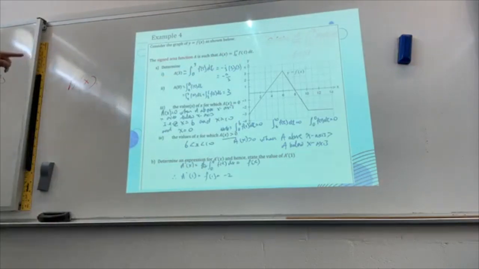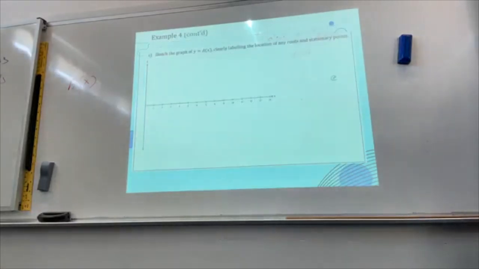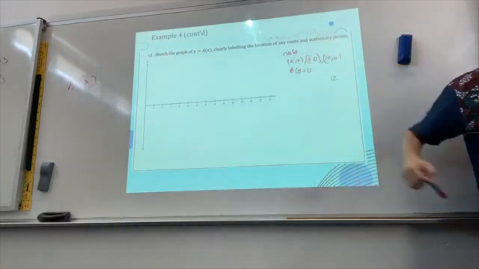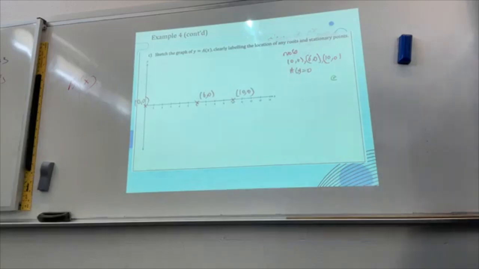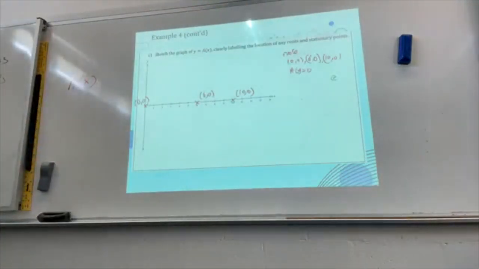Agree? All agree? So f(x) there is the gradient function of the area. The next bit is asking you how to plot it. So what you need to think about is, let's start at the roots. Roots is when A(x) equals 0. So you've got 3 roots there, where the area is 0. So you know the 3 points. Straight away you can plot the 3 points down.